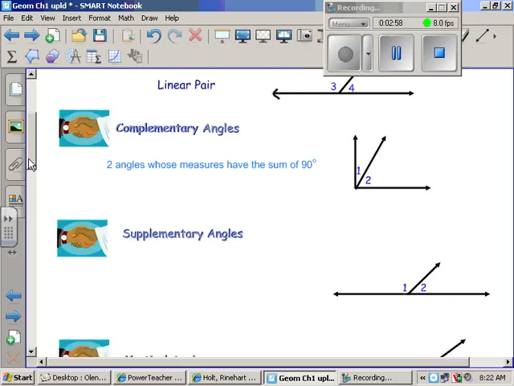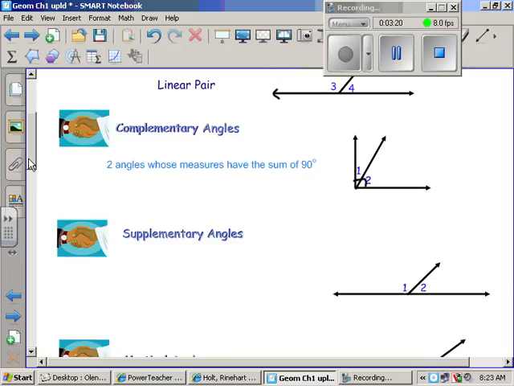You have to be careful, because unless that mark is there, you can't be positive it's 90 degrees. I don't know if I could tell just by looking if it was 89 and a half or 90. So you always depend on that little symbol to show right angles.